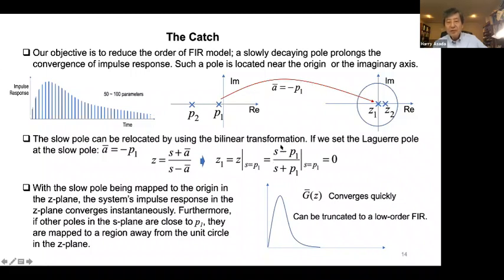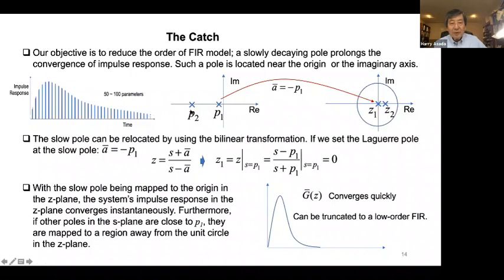So S is now evaluated at S equal P1. Setting S equal P1, this becomes 0. So Z is 0. So it's going to this point, and this means a very quick convergence. With the slow pole being mapped to the origin in the Z-plane, the system's impulse response in the Z-plane converges almost instantaneously.